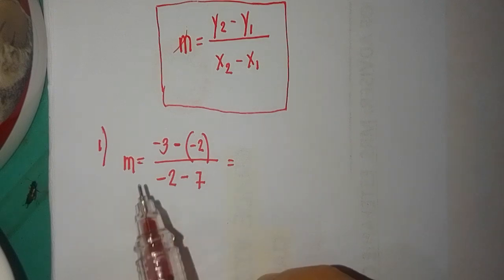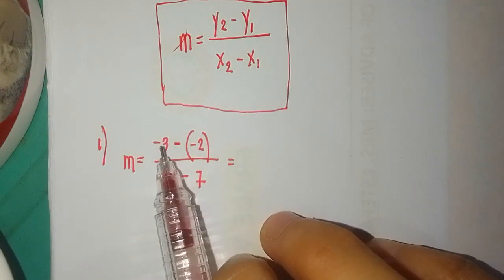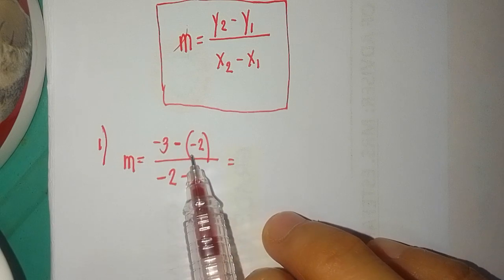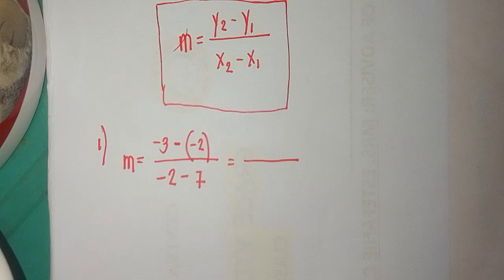Now, after substituting the given values class, we have to simplify the numerator and the denominator by combining the terms. So first is the numerator. We have negative 3 minus negative 2. In this case, class, you see the parenthesis, meaning to say we have to multiply.